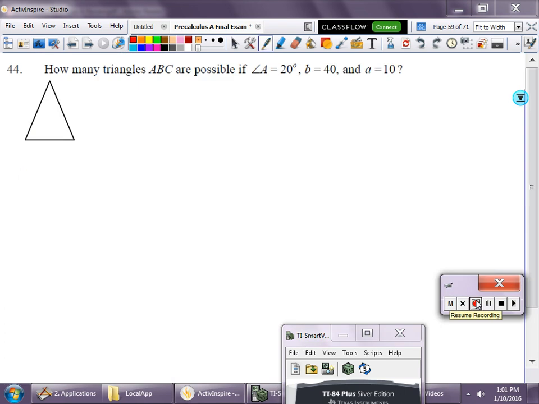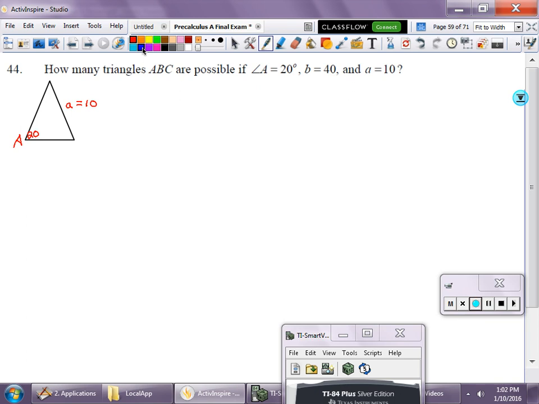Okay, 44 is changing pace and asking us how many triangles are possible. Angle A is 20 degrees, b is 40, a is 10. It is hugely important that you know the manner in which we draw our triangles. So angle A is opposite side a. Angle A we have a measure, that's 20 degrees, and side a is equal to 10.